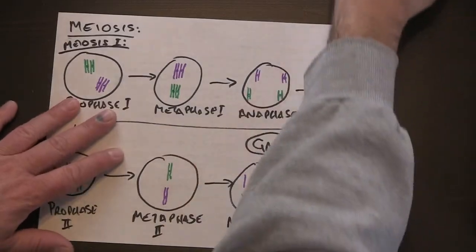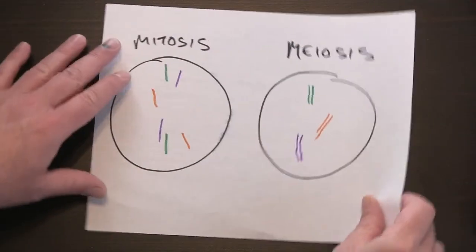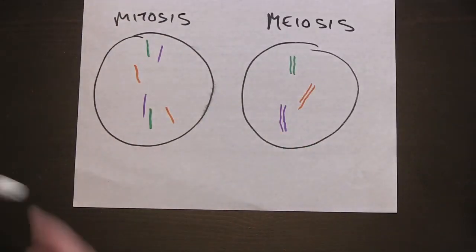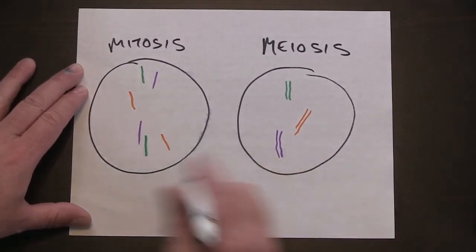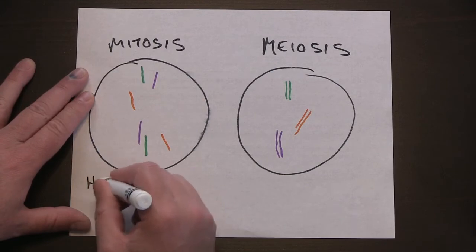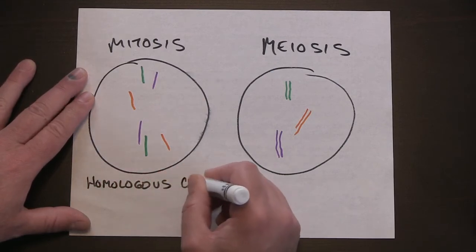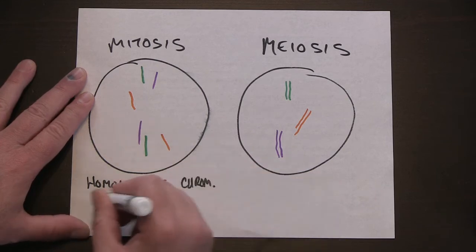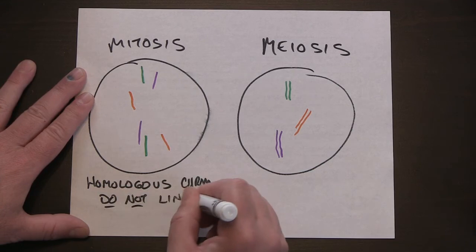So let's go back and just compare mitosis to meiosis real quick. So in mitosis, again, the homologous chromosomes do not line up together.